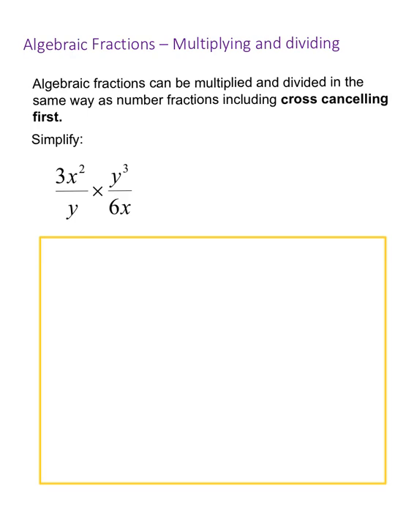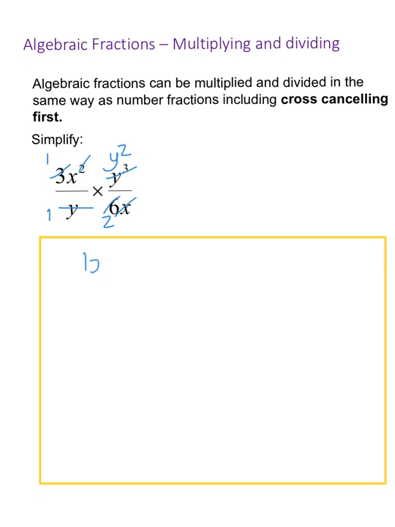So I can see here I can divide this term by y to give me 1, and that one will leave me with y squared. I can cancel out an x in the denominator there with 1 in the numerator there. I can say 3 divided by 3 is 1 and 6 divided by 3 is 2. And when we've done that, I'll just write this out a bit underneath.